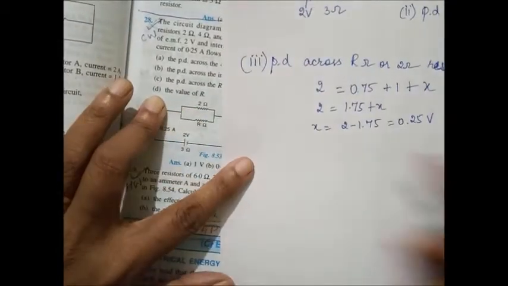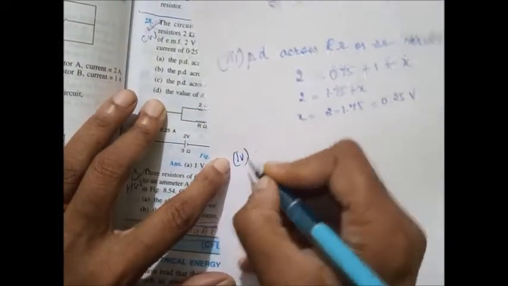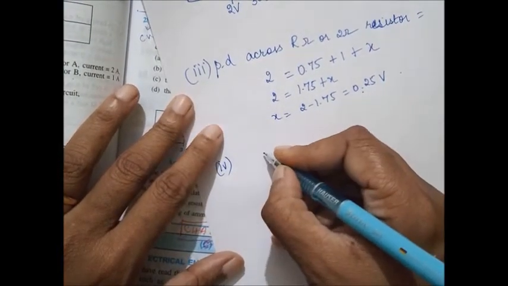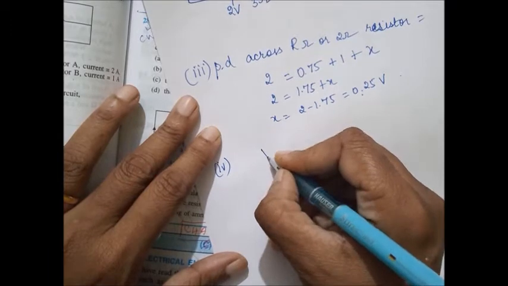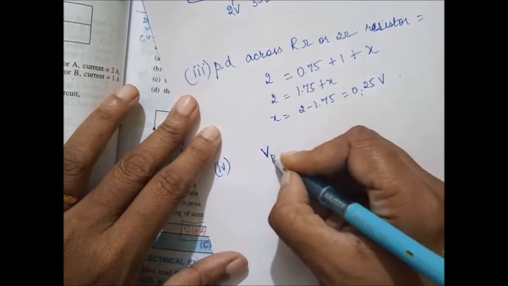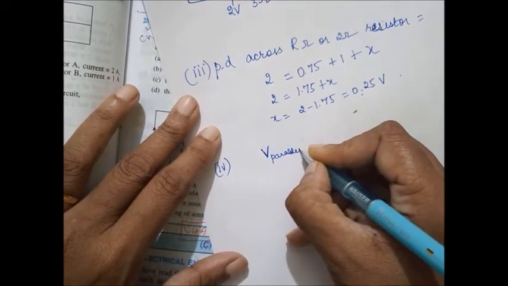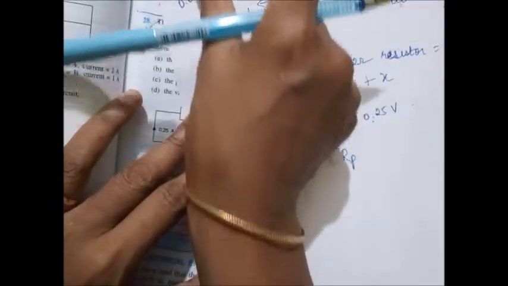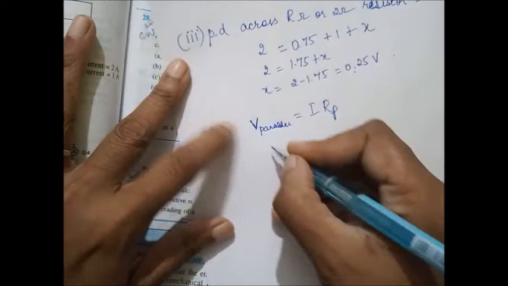Now D part, they're asking you to find the value of R. Now that you know the potential difference, we can use the other formula. V parallel is equal to I into R parallel. Okay, V across this parallel combination will be I into R parallel.